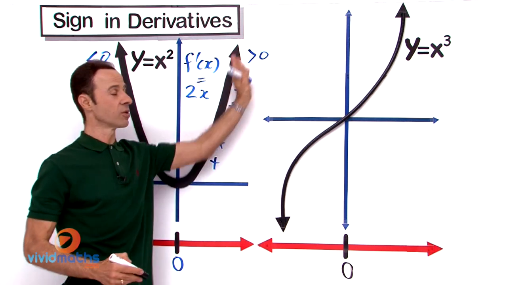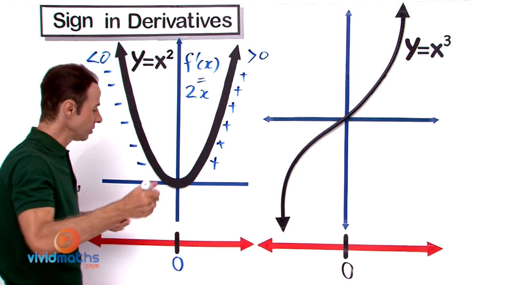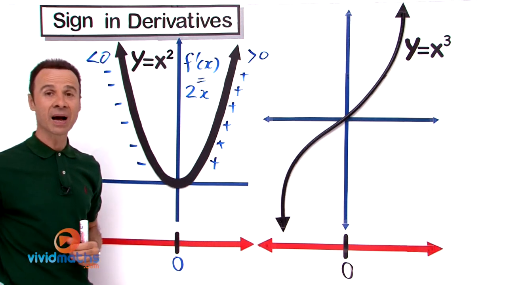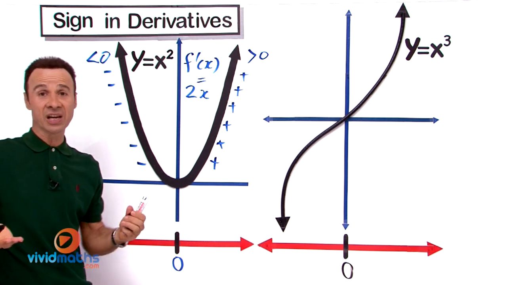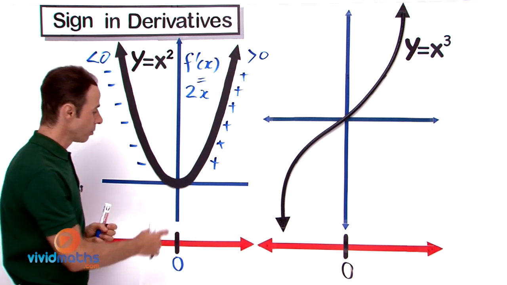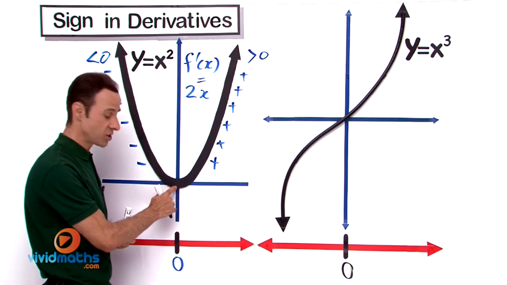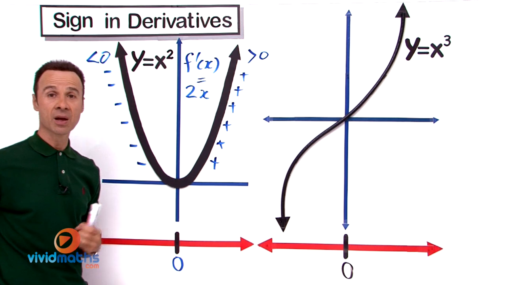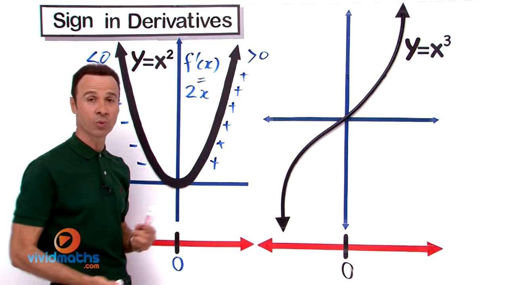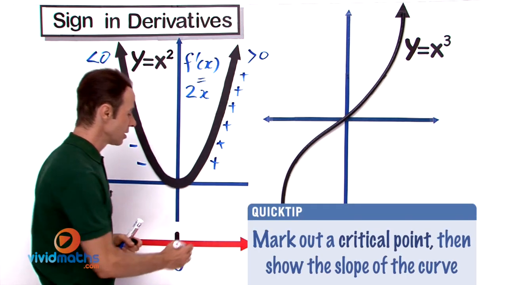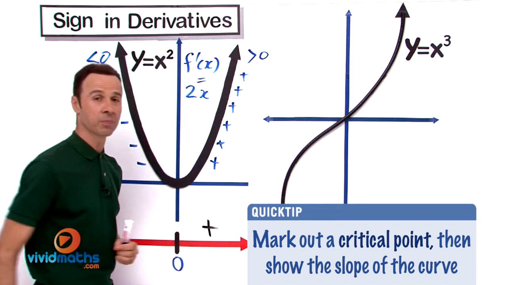Since it's rising on this side, step number one is to mark out a critical point. That could be a stationary point or an inflection. The point we have is right over here at 0, and we put in a 0 there. Then all you have to do is indicate where it's rising. Well, it's rising over here, so put a big plus sign there.